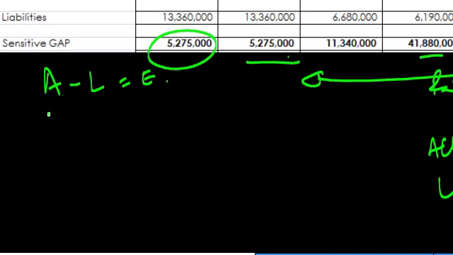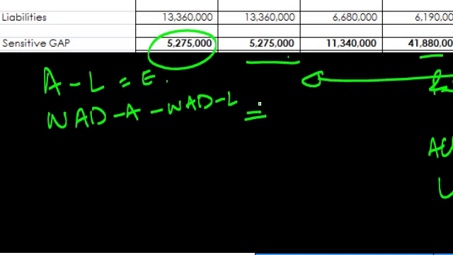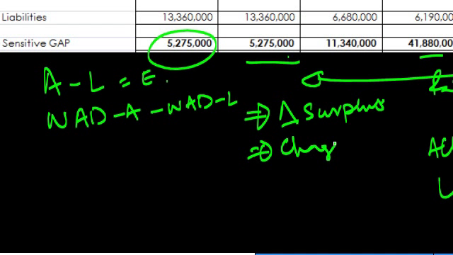Or if you're interested in the change in the value of the balance sheet, the weighted average duration of assets minus the weighted average duration of liabilities has a direct relationship to the change in surplus, or the change in value of the equity.